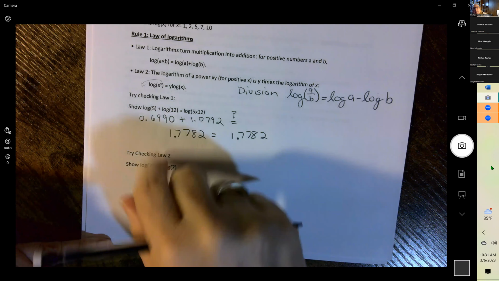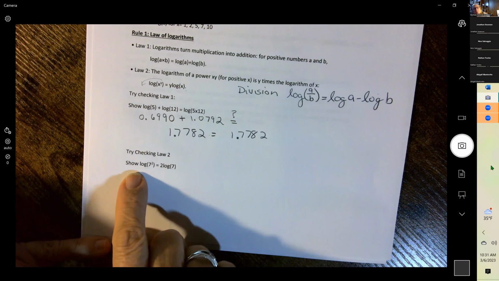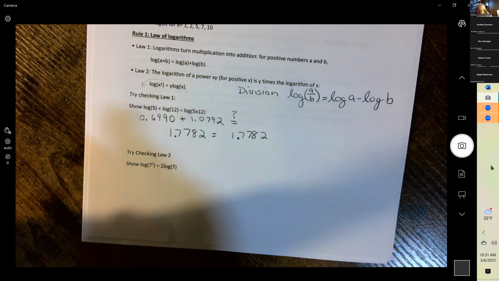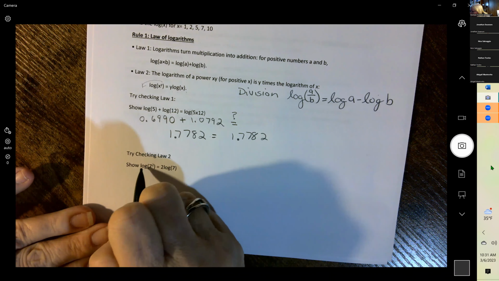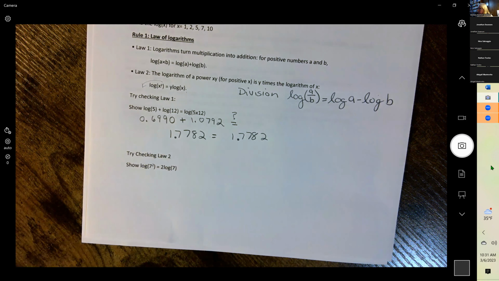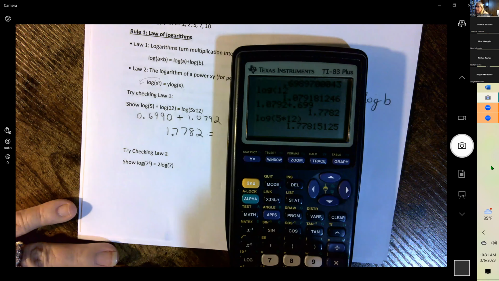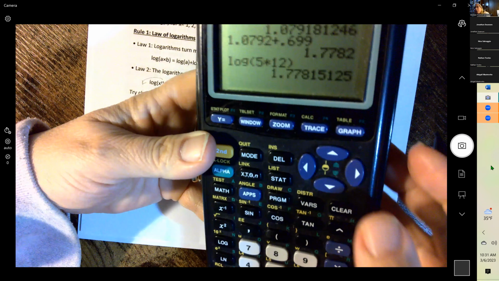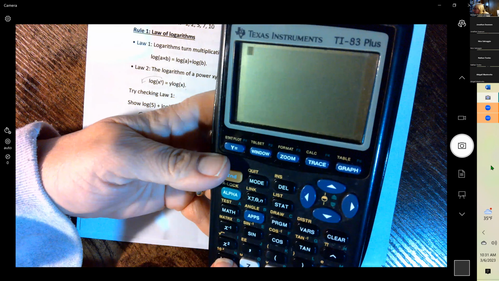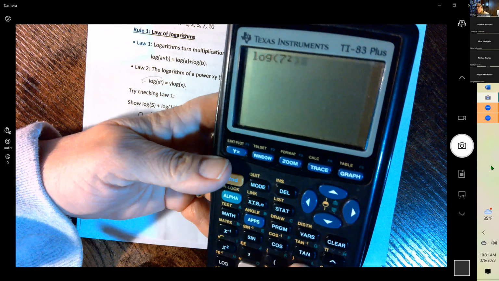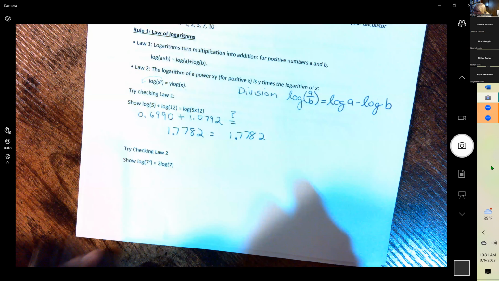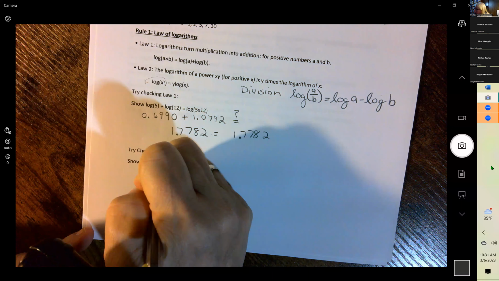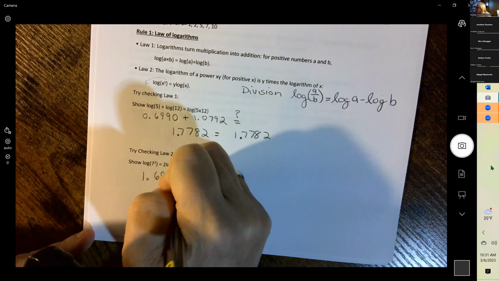To show the second law, this is 7 squared. So if we find the log of 7 squared, on my screen, log 7 squared, 1.690.